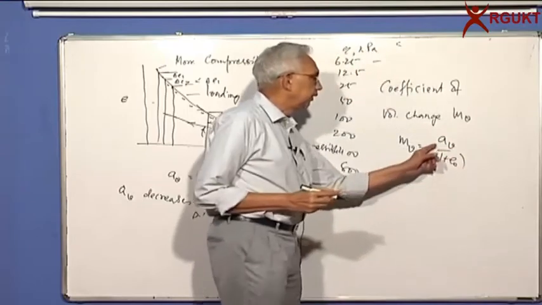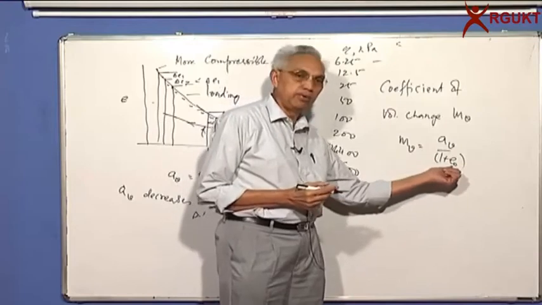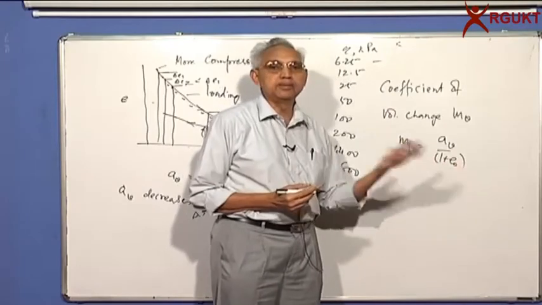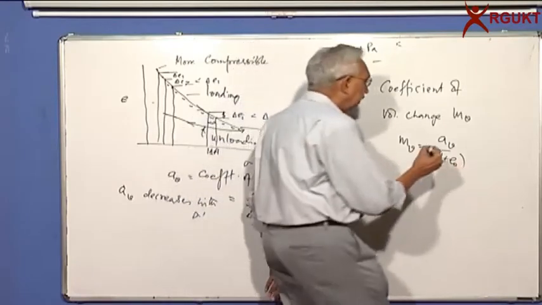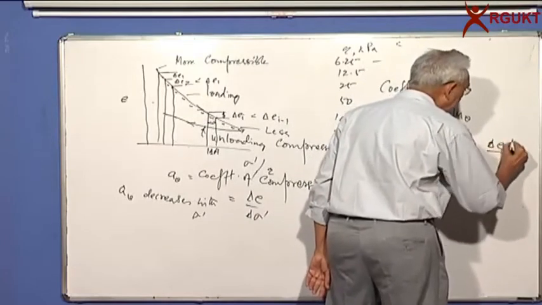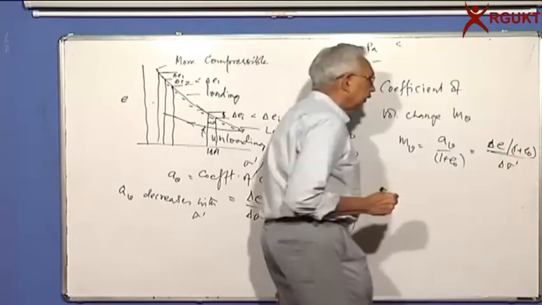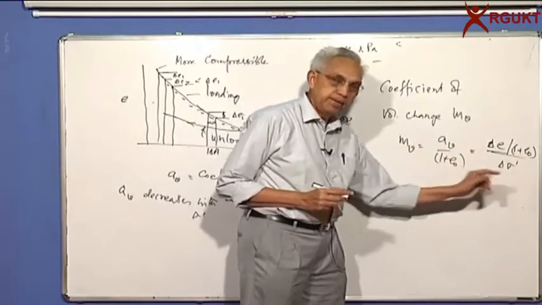What does it mean? For a unit solid volume, this is the void volume, and so 1 plus e naught gives me the total volume. And now we can show this is delta e by 1 plus e naught by delta sigma. a v is nothing but delta e by delta sigma.